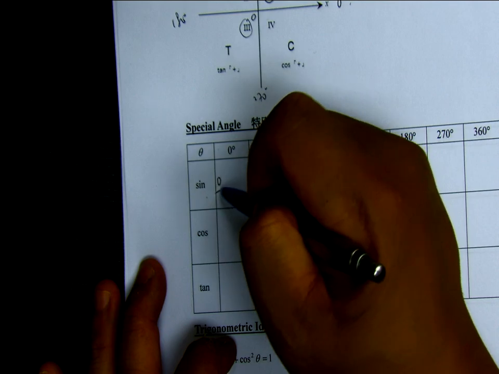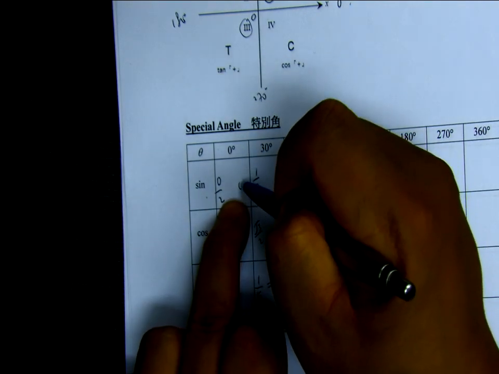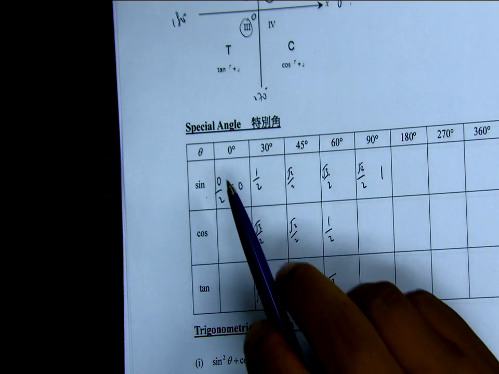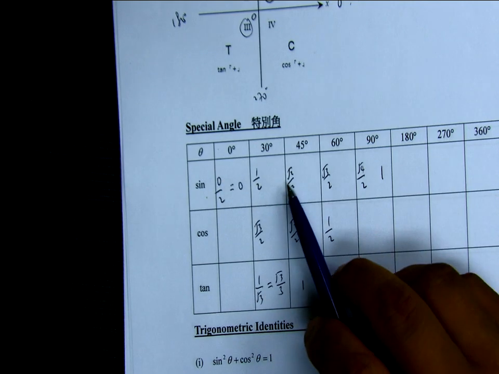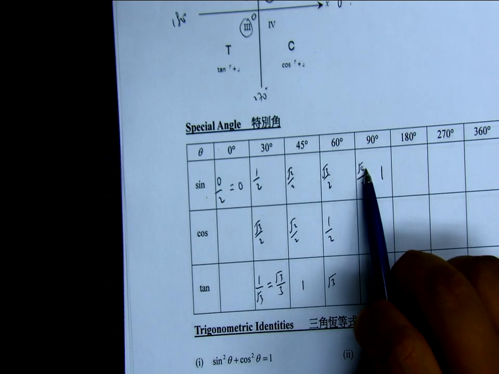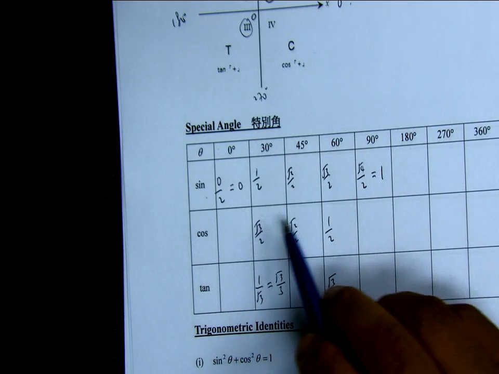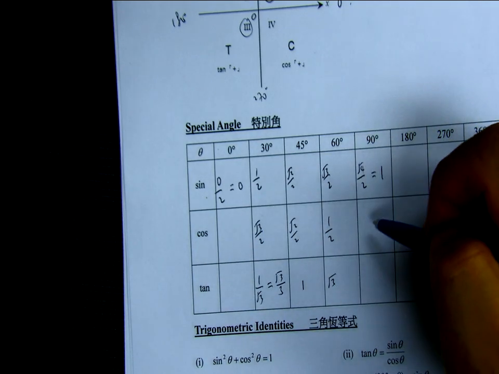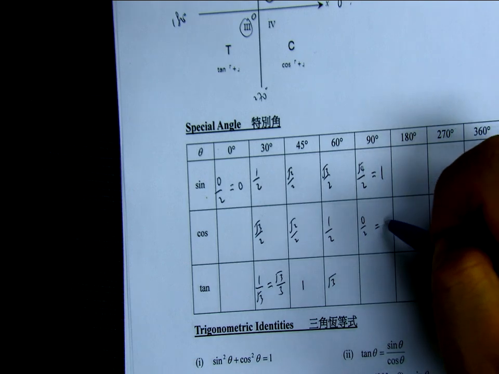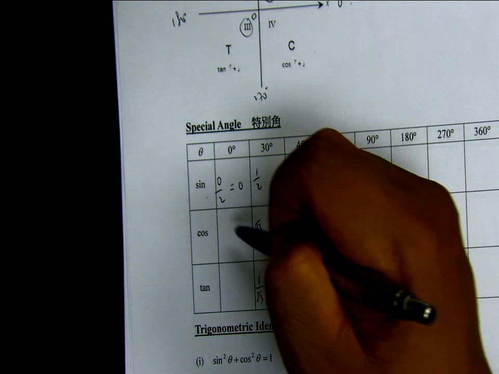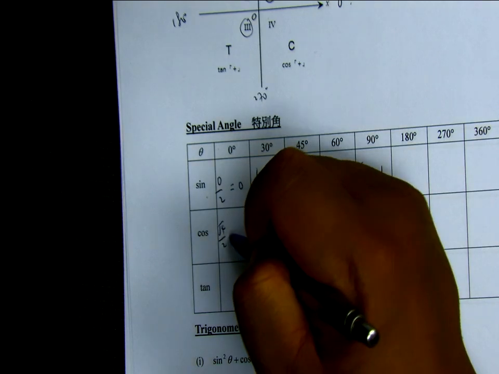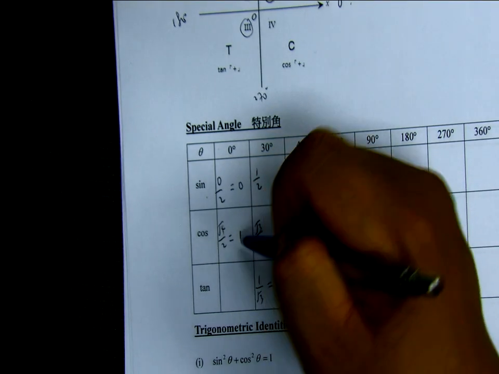This is 0, so you just get this 0. But you remember it like this: 0, 1, 2, 3, 4. And this case is similar for cosine: 4, 3, 2, 1, 0. And this one is root 4 over 2, which is equal to 1.